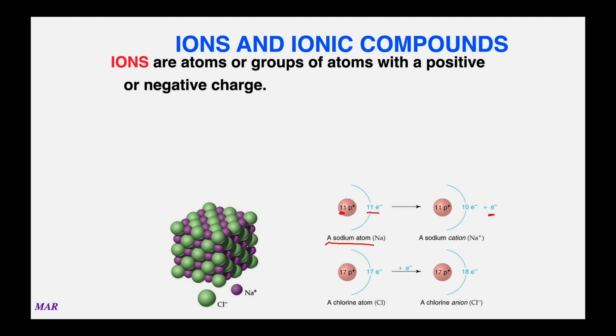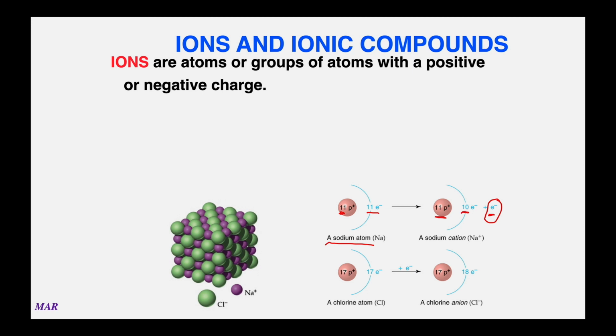It goes from a neutral atom to an ion with a positive charge. And the reason for the positive charge is that this thing lost an electron. It still has 11 protons. Remember, if you change the proton number, you change the actual type of atom it is. So it's still sodium, but now it has one less electron.